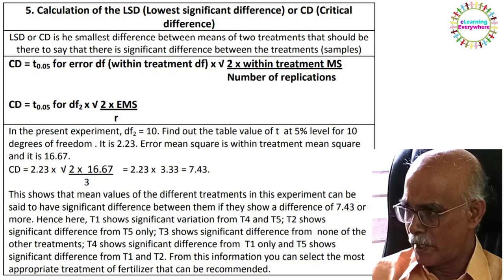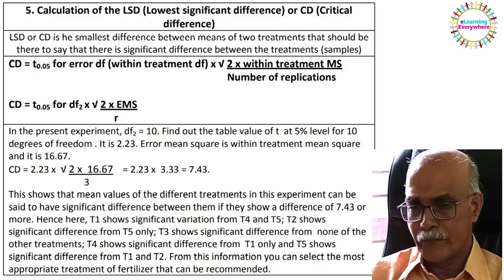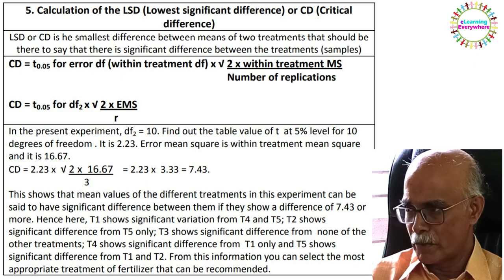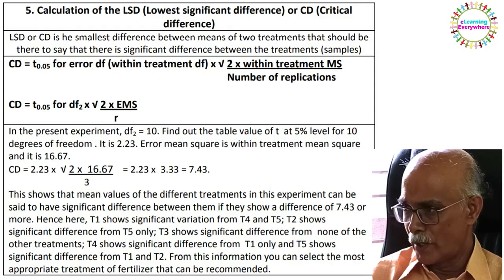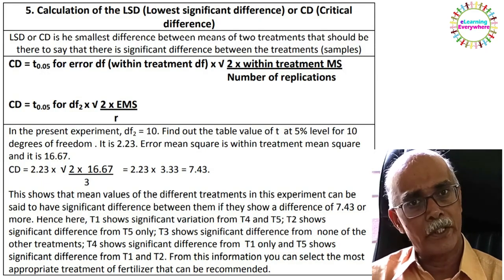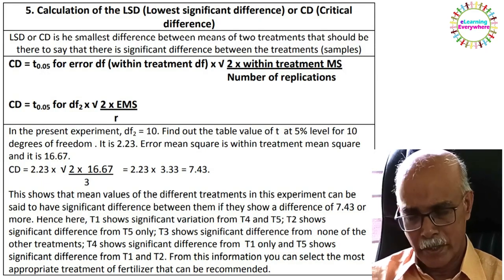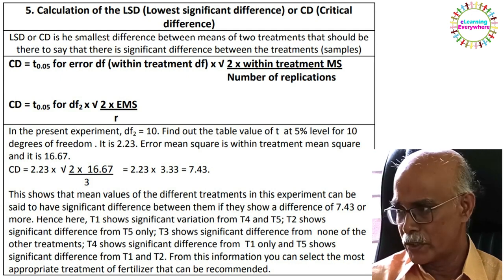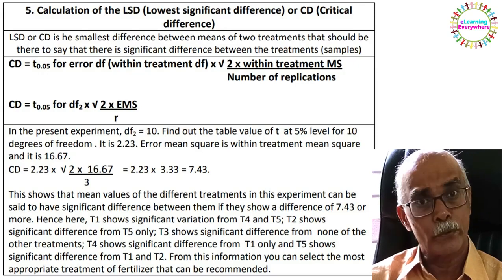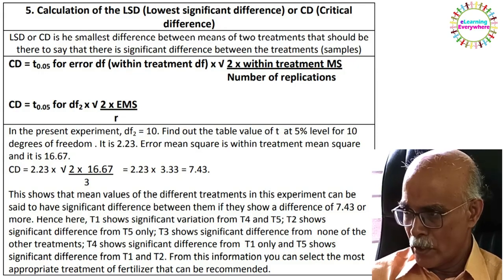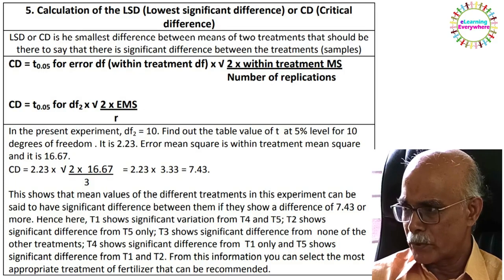And in the present experiment, df2, the error degree of freedom, is 10, and from the table of t, you have to find out the value of t at 5% level of significance for 10 degrees of freedom, and it is 2.23. So you can substitute the values in the formula.